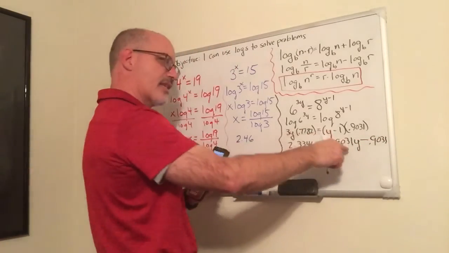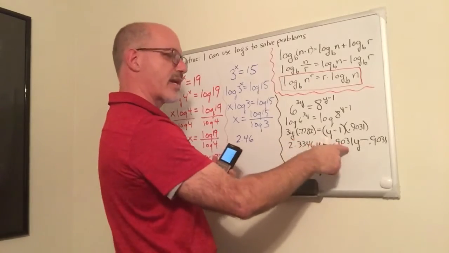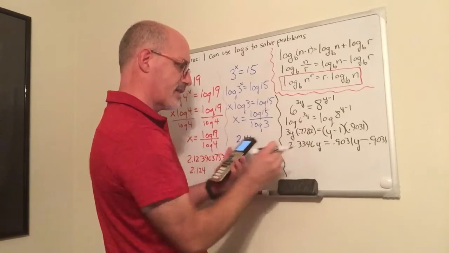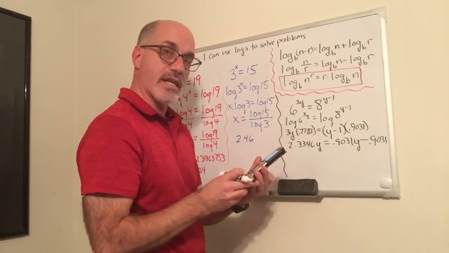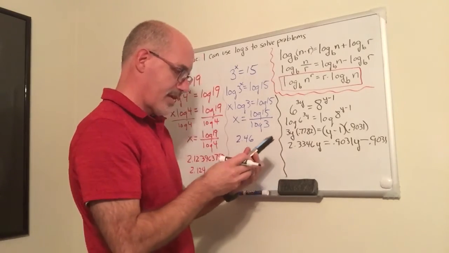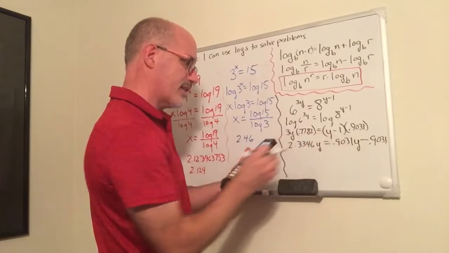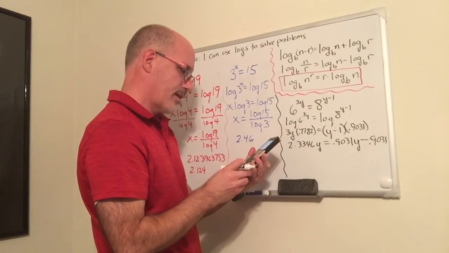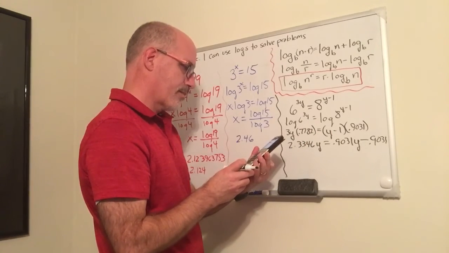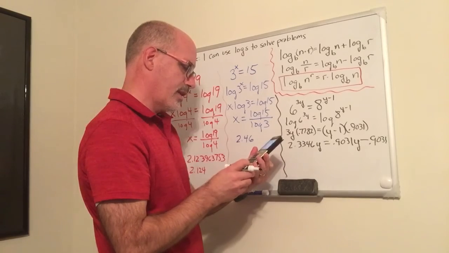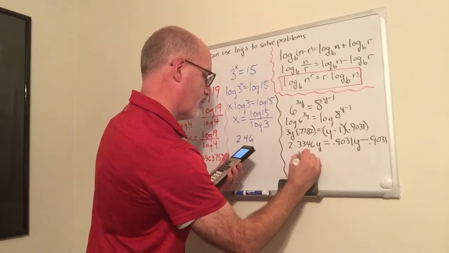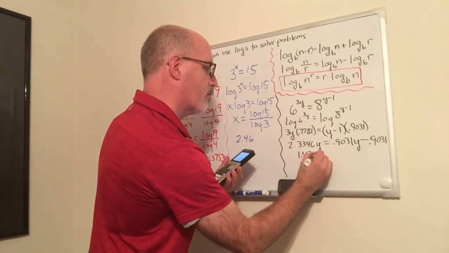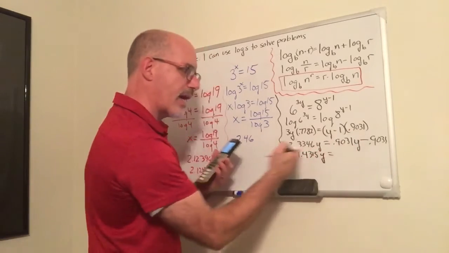Now let's bring this over to this side by subtracting it from both sides. So I'm going to take this 2.3346 and I'm going to subtract this 0.9031, and I get on this side 1.4315y, because I brought the y's together.